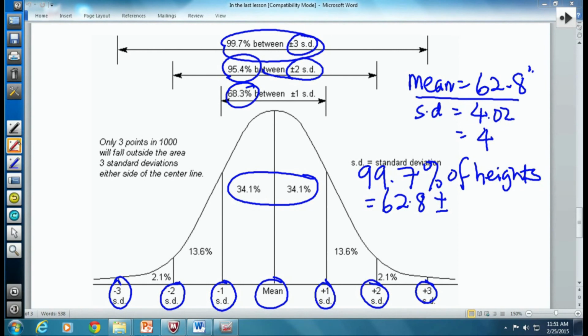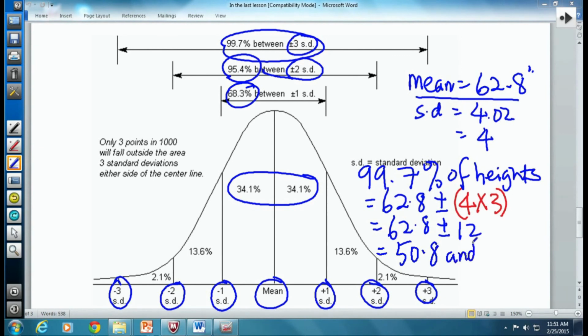So we will have 4 times 3, right? Would be 62.8 plus minus 12. That would be between 50.8 and 74.8.